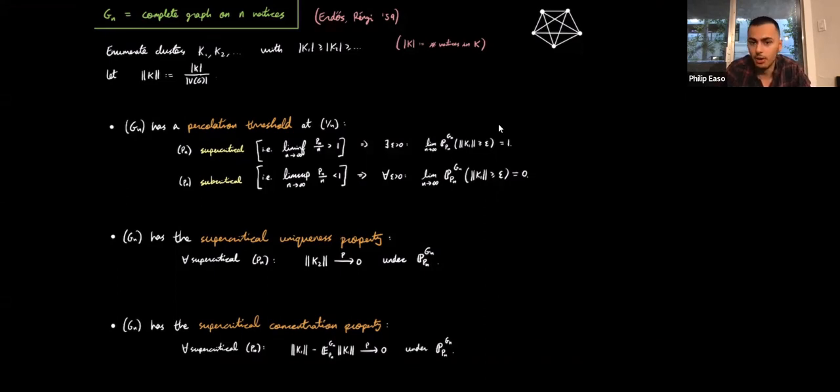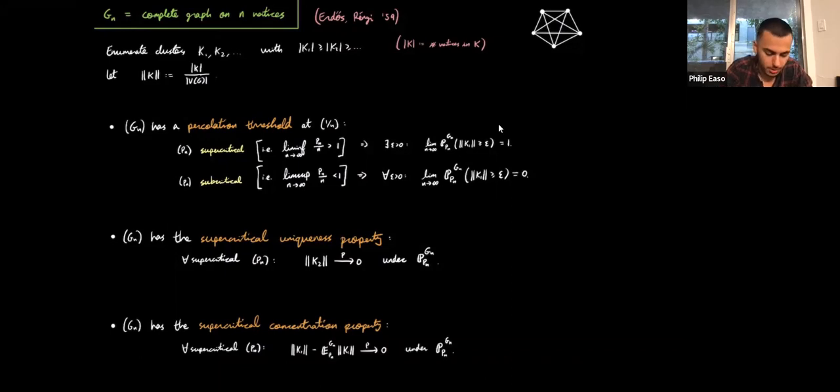For some epsilon, the largest cluster contains proportion at least epsilon of the total vertices with probability tending to 1. And conversely, if your sequence is subcritical, and the definition is analogous, then the largest cluster is not linear sized with high probability. So for any epsilon, the probability that the largest cluster contains more than proportion epsilon of the vertices goes to 0.